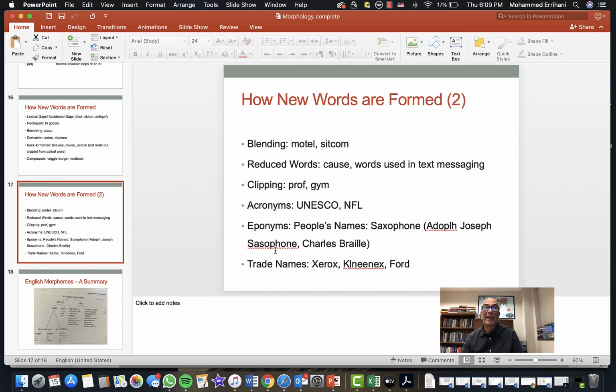Next one is blending, and blends are produced by combining two words, but parts of the words that are combined might be deleted. It is a sort of compounding where parts of the word are clipped and then combined, where the new word is a blend carrying meaning from each part. For example, you have smog.